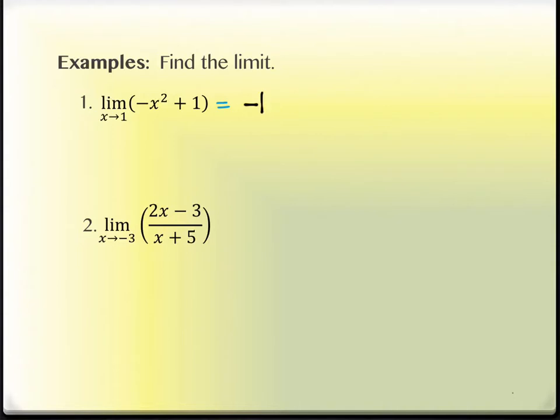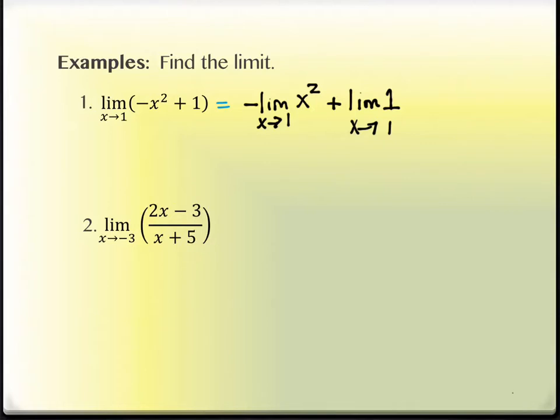So what this actually says I should be able to do from the properties on the previous two screens is I should be able to put the negative out in front, and I should be able to take this limit, as x goes to 1, of the function x squared. And then I have a separate limit over here for the function 1 as x goes to 1. So I'm separating the two limits into separate pieces from the addition. And I have the ability to move the negative out in front because that's a constant multiplier.